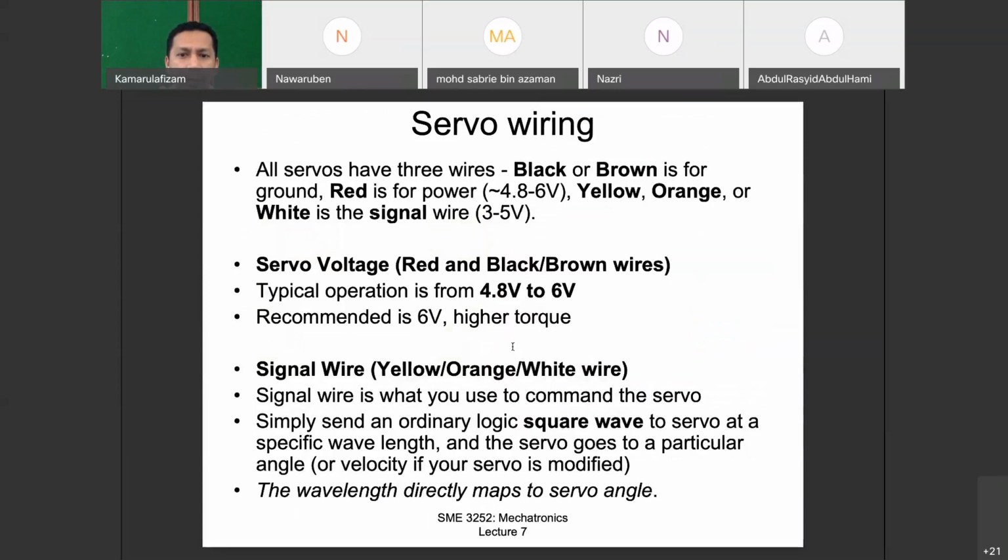Dia ada kompleks sikit dia punya cara nak wiring up. Dia tak macam AC, DC ataupun stepper. Dia ada dia punya color code, but different manufacturer bagi slightly different color code because sometimes different countries they adopt different standard. Okay, paling typical sekali China lah.